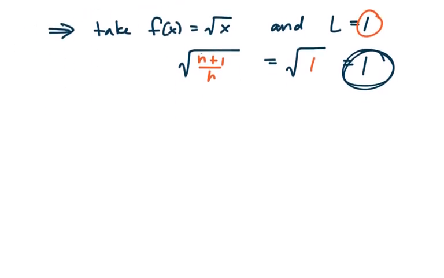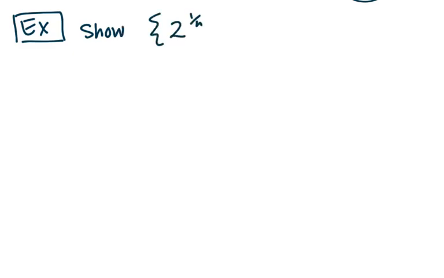All right, moving on, we have just one more example talking about continuous functions. So we want to show that this converges. So we'll show that 2 to the 1 over n converges.